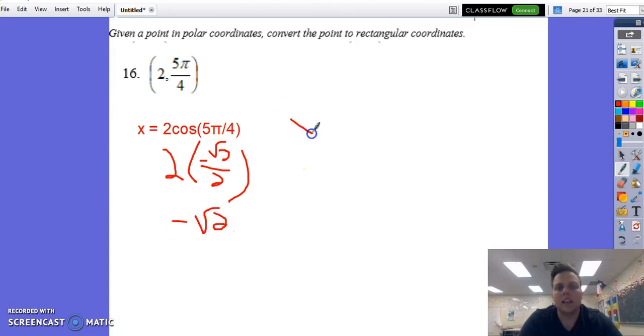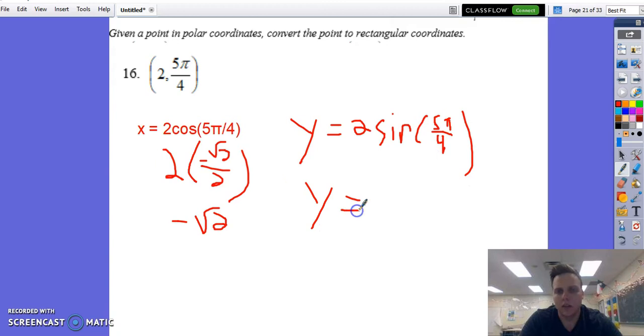Same idea. Y is equal to 2 sine of 5 pi divided by 4. So you grab your trig chart, and you see what sine of 5 pi over 4 is. And wouldn't you know, it's the same thing.